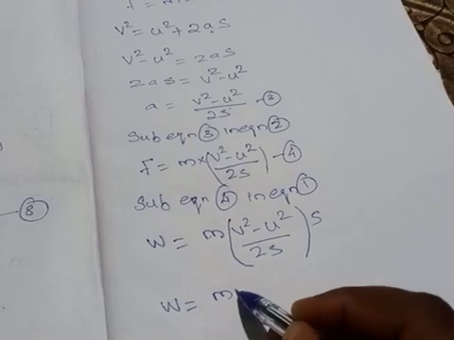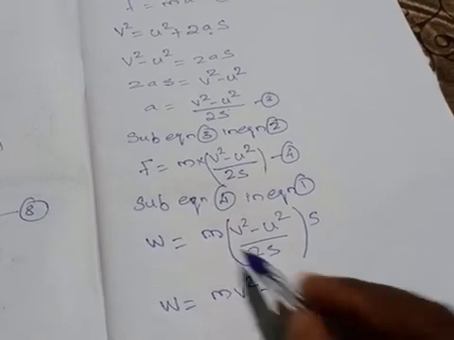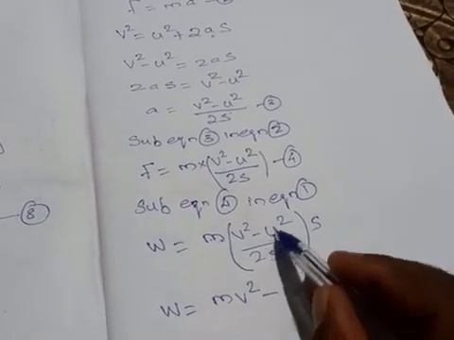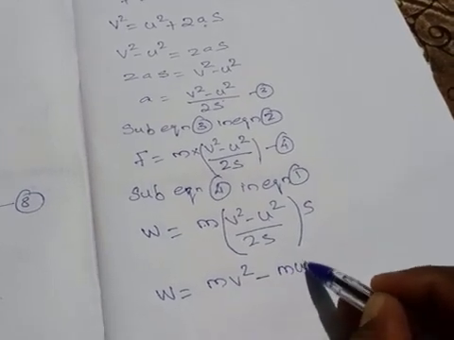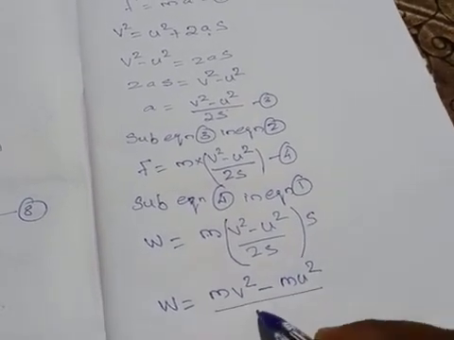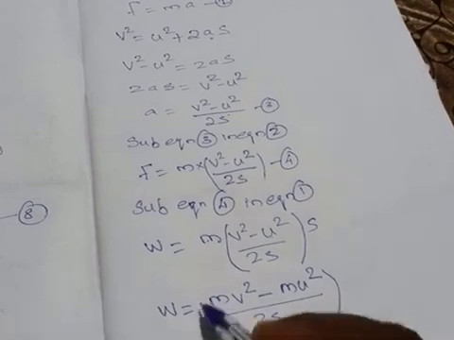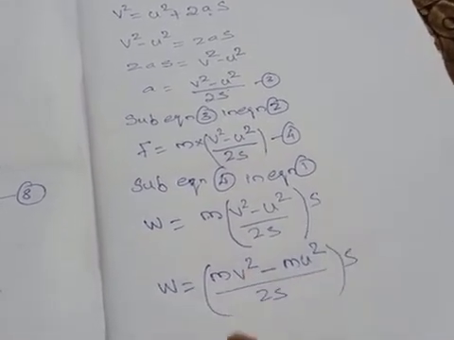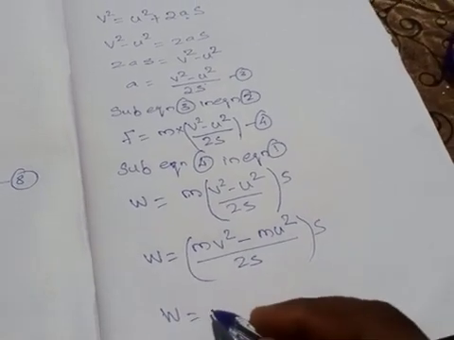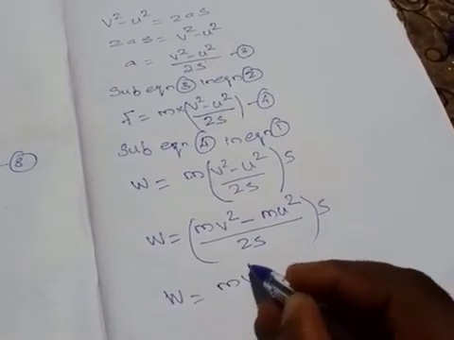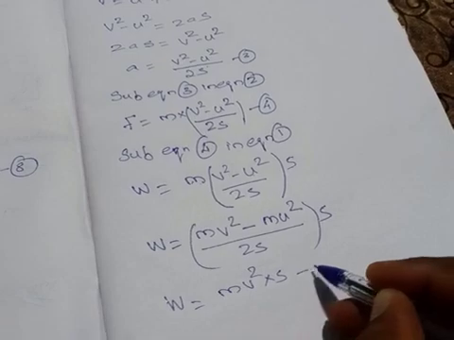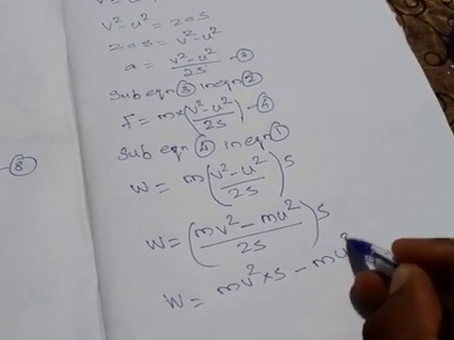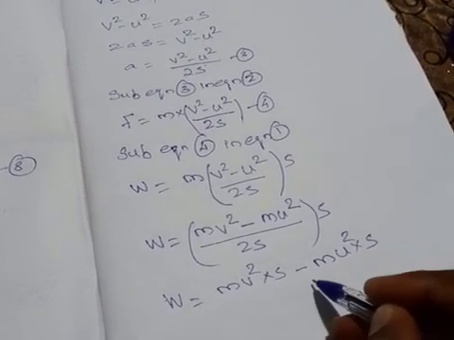So mV square minus mU square, divided by 2s, into S. Now multiply this S inside. So W equal to mV square into S minus mU square into S.